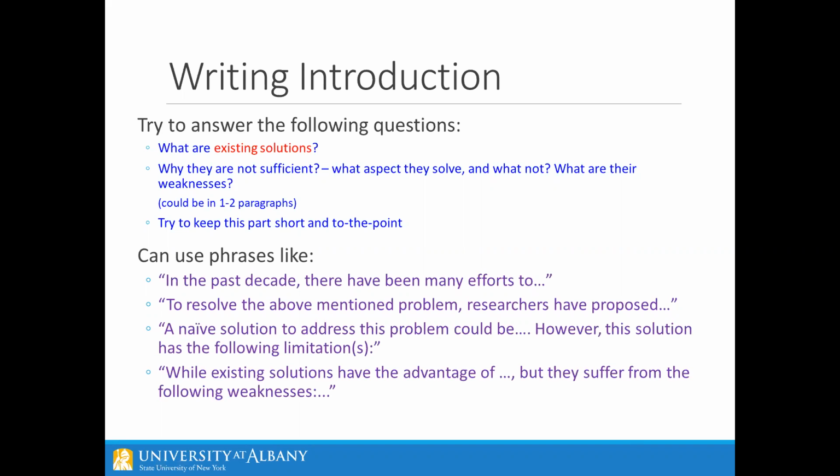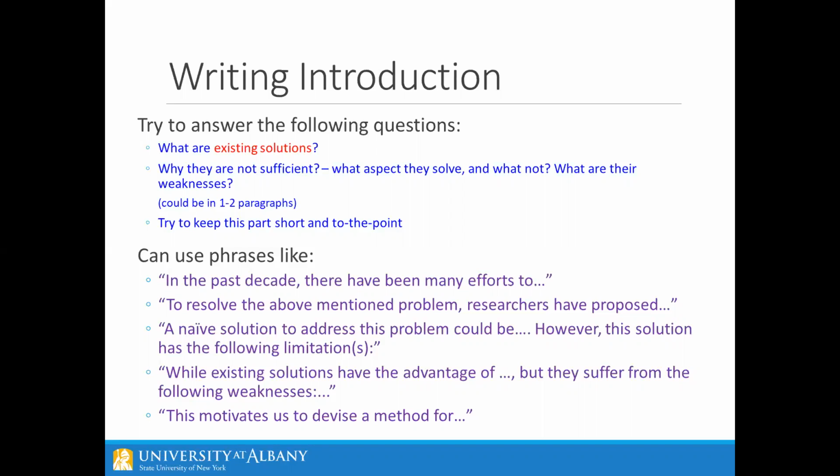Another phrase could be, while existing solutions have the advantage of this, they suffer from the following weaknesses. So we should be as explicit as possible in reviewing the existing works. Once we have mentioned that these are the weaknesses of the existing methods, then we can add that this motivates us to devise a new method for solving this particular aspect of the problem which has not been solved before.